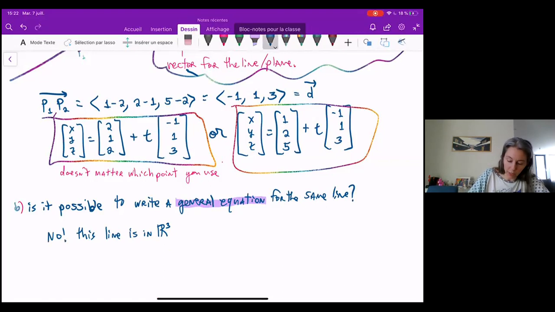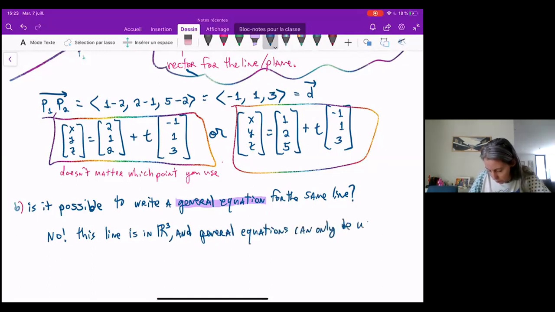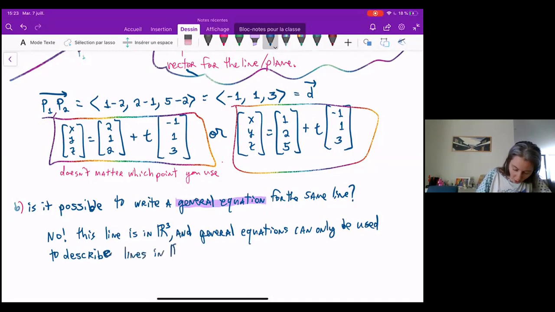This line is in R3. It has the three variables, the x, y, z, three components in my vector. And general equations can only be used to describe lines in R2. So that's my answer to this question.